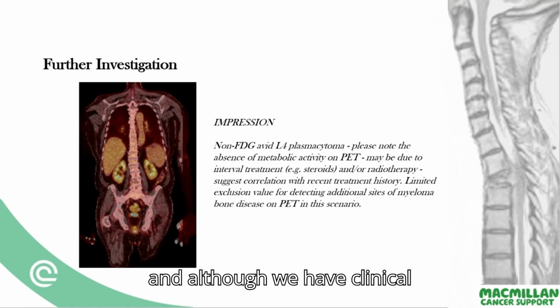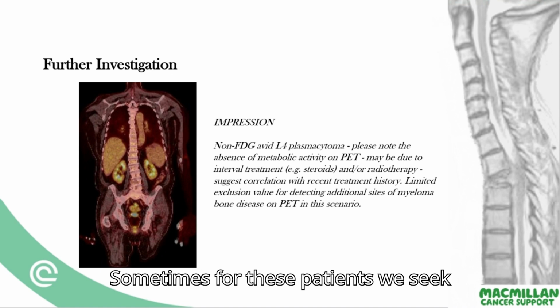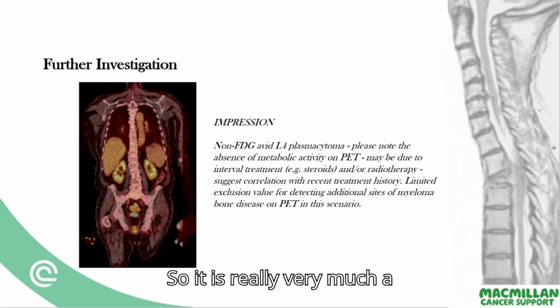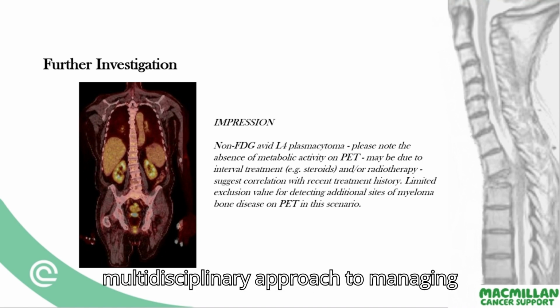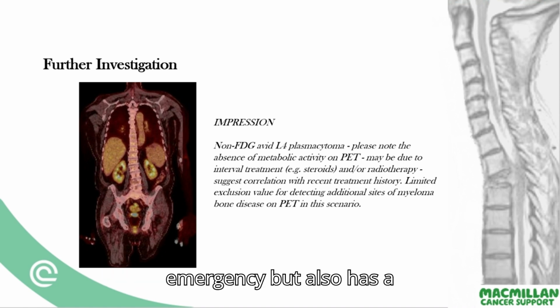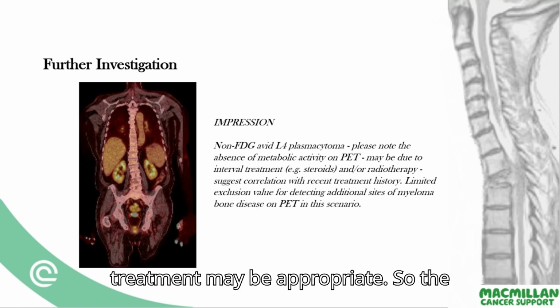And although we have clinical oncology input into the MSCC pathway, sometimes for these patients we seek extra advice from a haematology specialist clinical oncologist. So it is really very much a multidisciplinary approach to managing this patient who has a potential medical emergency, but also has a diagnosis that means fairly radical treatment may be appropriate.